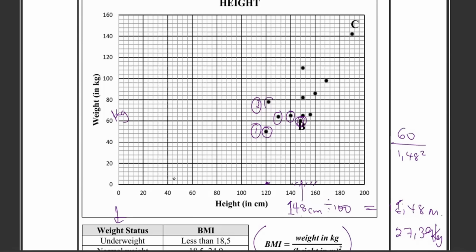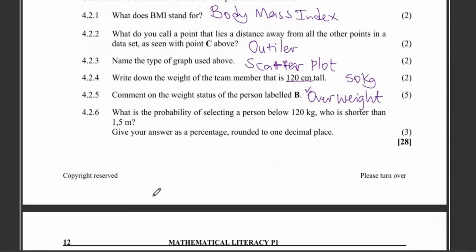So there are 5 out of how many people when we count these dots? We have 1, 2, 3, 4, 5, 6, 7, 8, 9, 10, 11, 12. So the probability there becomes 5 out of 12. They never said whether decimal or what, you can leave it like that.